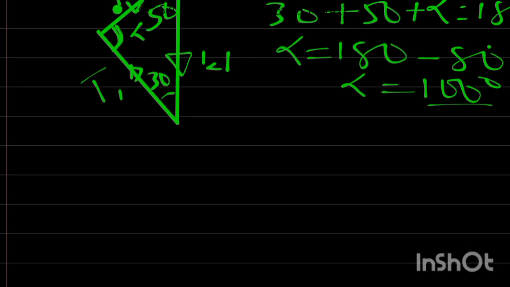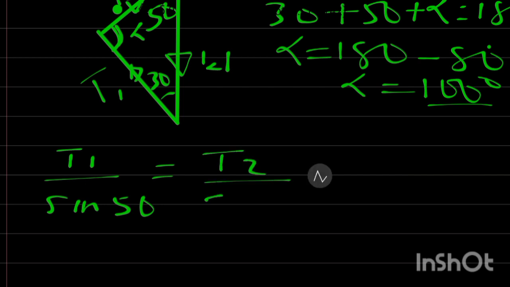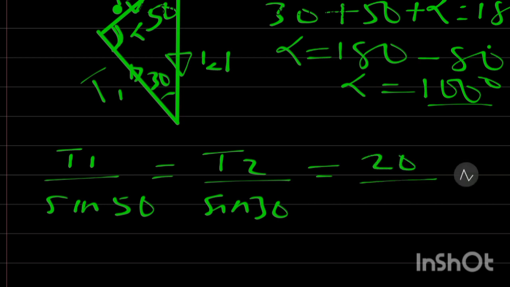Okay, we apply our sine rule formula, which is T1 over the sine of the angle opposite to it, which is sine 50, and is equal to T2 over sine 30, that is the angle opposite to it, and is equal to 20, the weight of the body as given in the question, over sine 100.